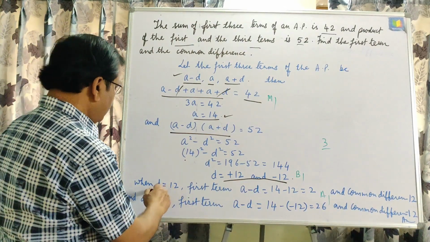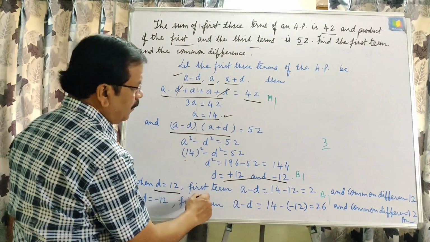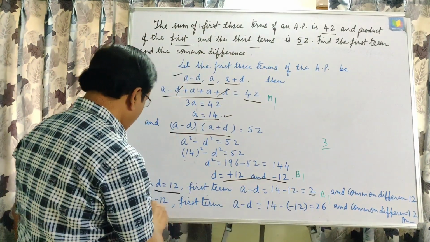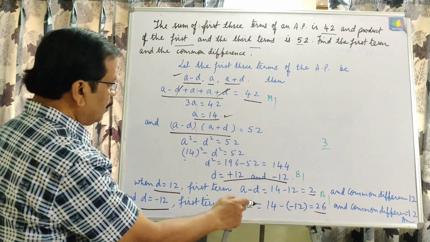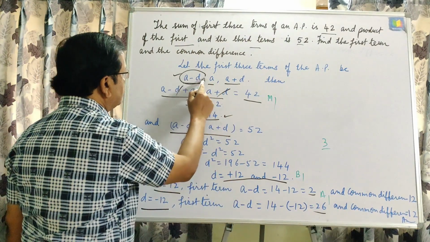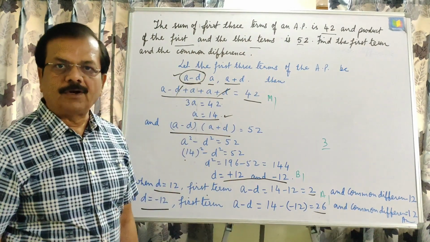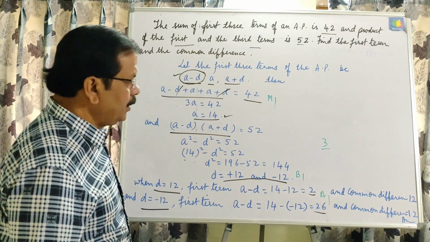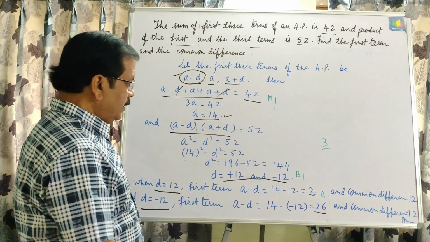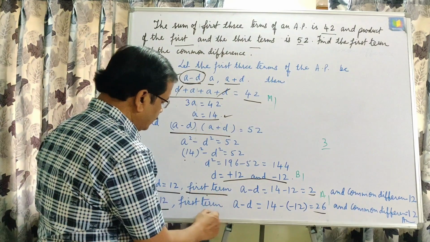Then taking d is equal to 12, first term is 2, and d is equal to minus 12, first term will be 26, because we assumed here first term a minus d, not a, and that is why you should be careful about what you are assuming. In the same way you will write the first term.